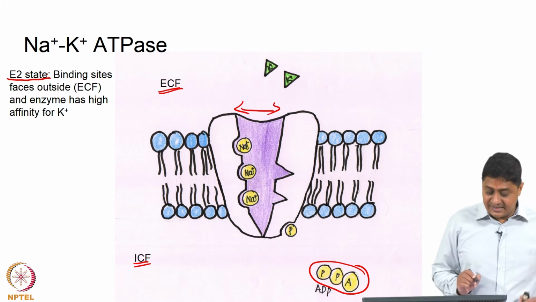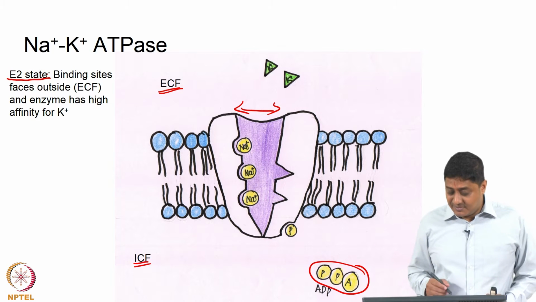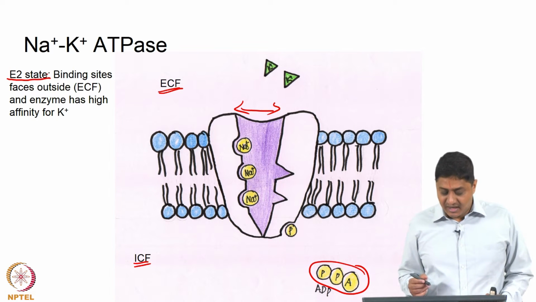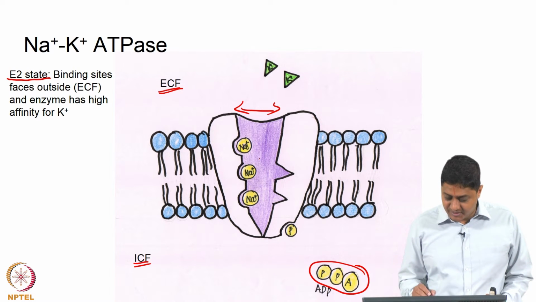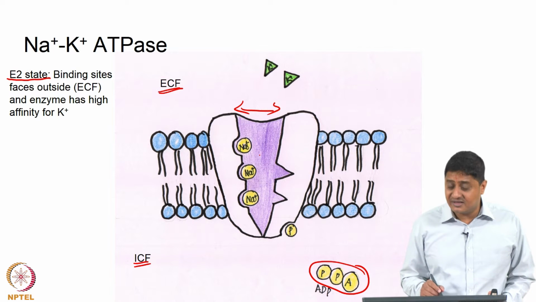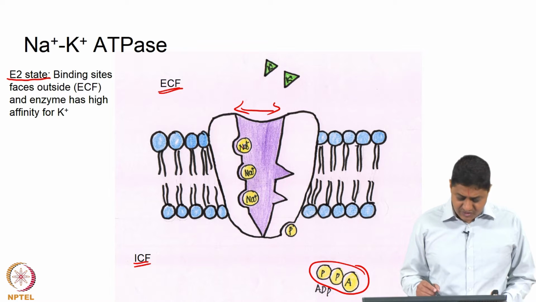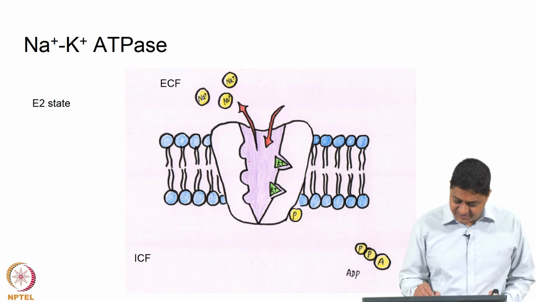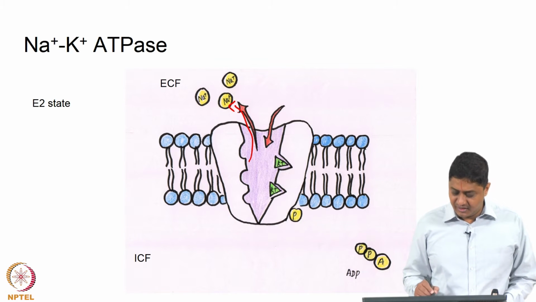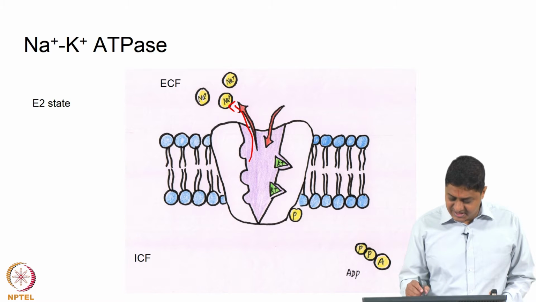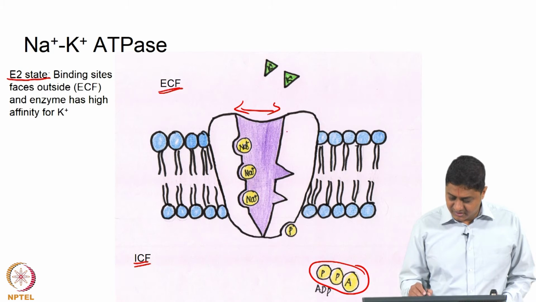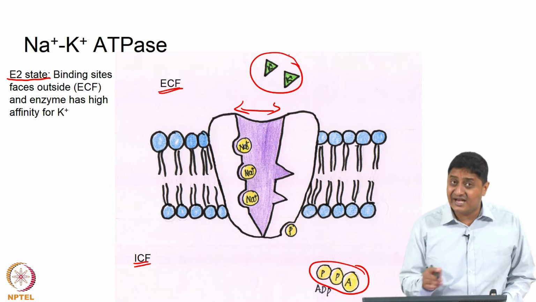So, here you see that the pump is open on the outside, and this is called the E2 state. In this state, this enzyme has a high affinity for potassium and relatively low affinity for sodium. So sodium escapes the system from here, and potassium that was present in relatively low quantity outside gets attached to these points.